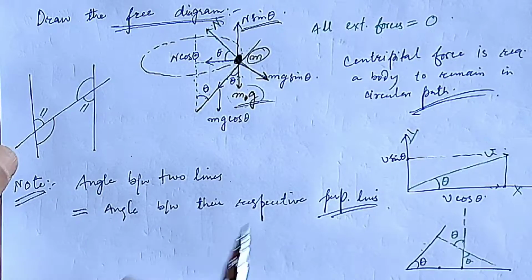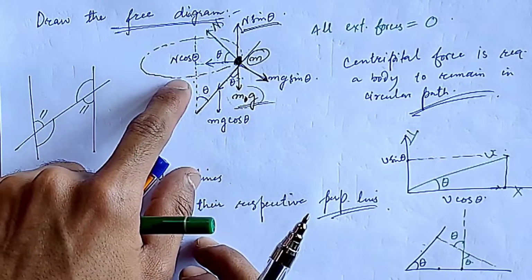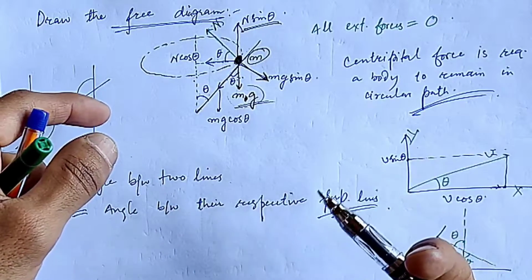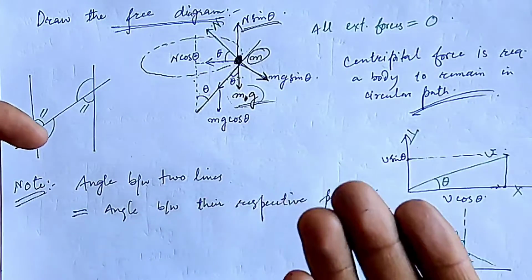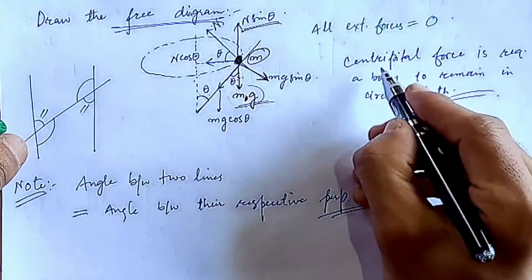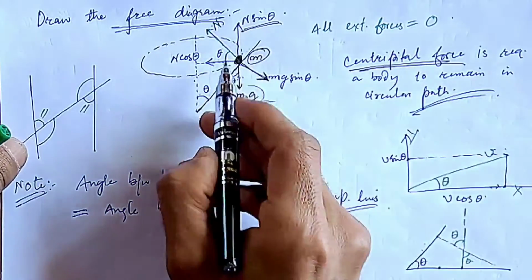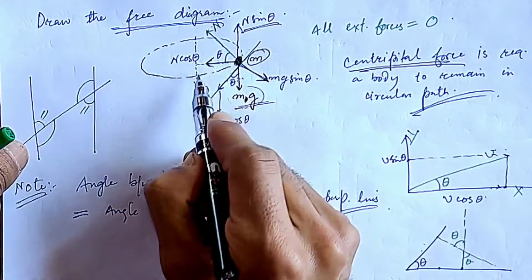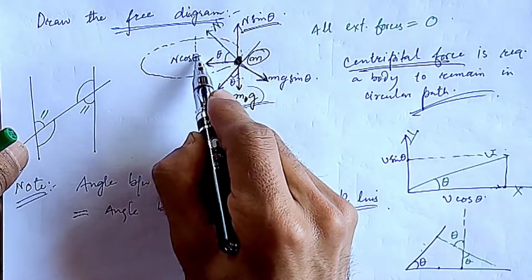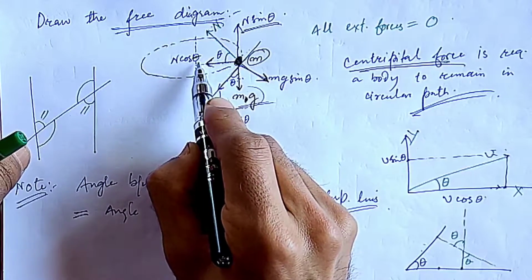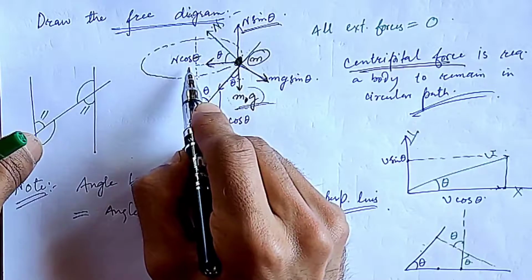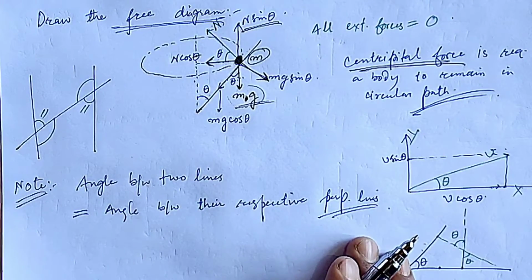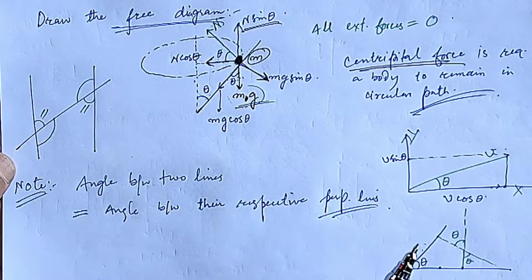But we have to keep in mind the body is set in motion because of some central force, that is the centripetal force, which I have told you earlier, and that centripetal force is toward the center. That is the n cosine component, because this is the only force component which is not cancelled out by any force.